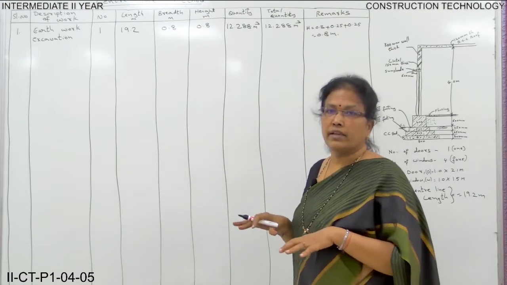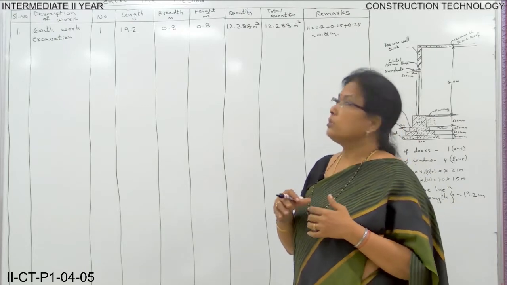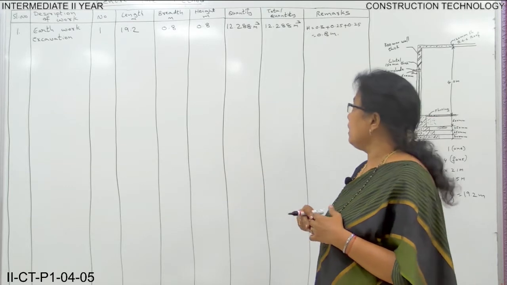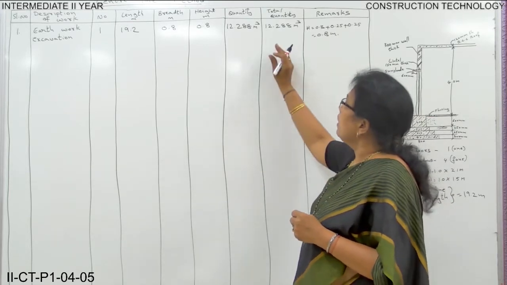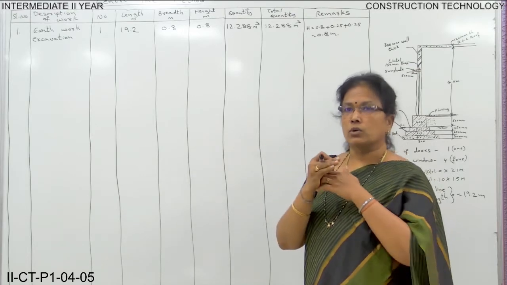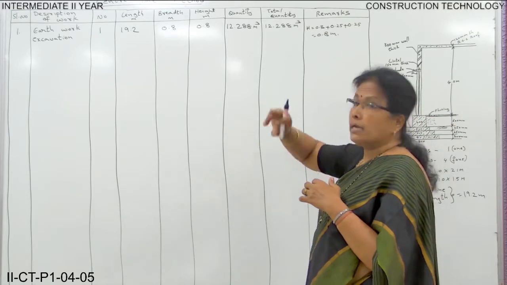Here the number of calculations is comparatively very less. When you compare with the long and short wall method, the center line method is easy because the calculations are very less. And one more thing, we are doing this problem for the previous drawing also. So keep the previous problem in front of you.